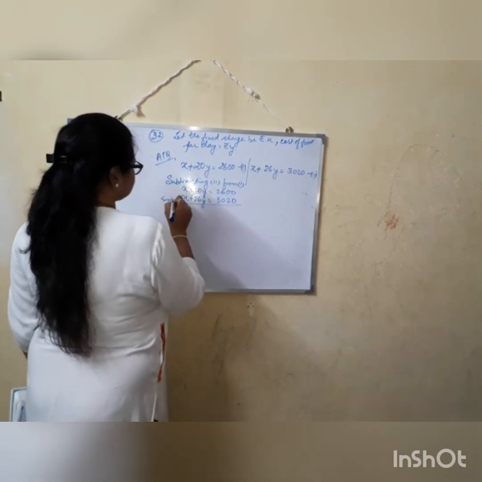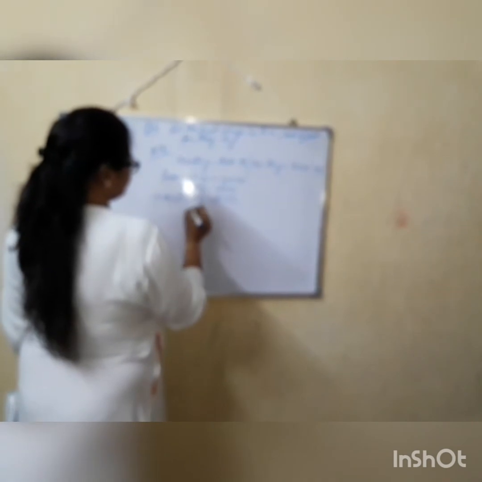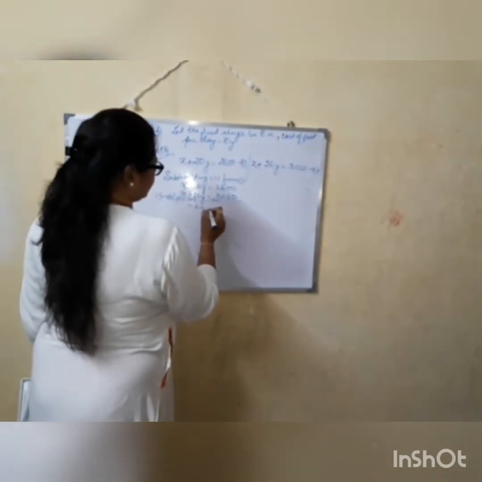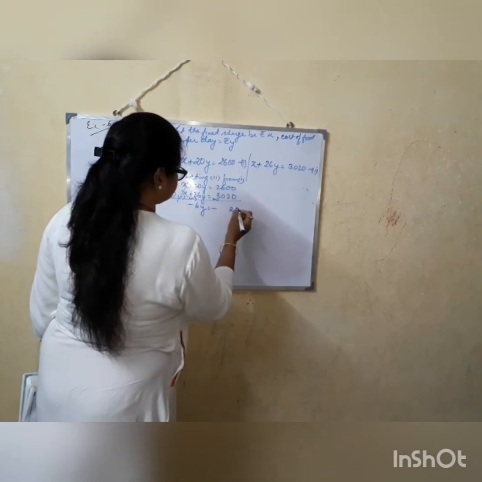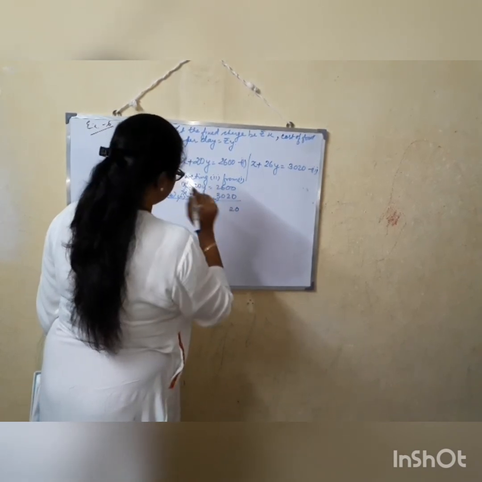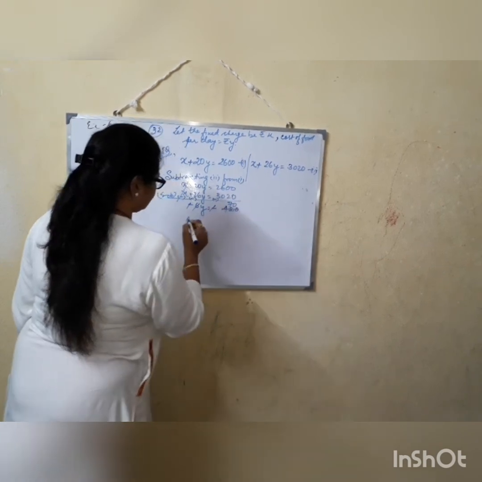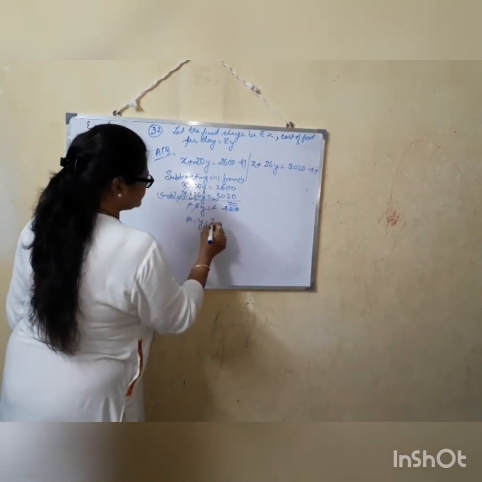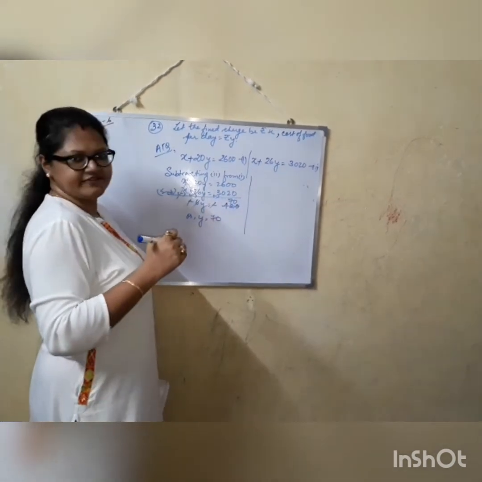So when we subtract, sign changes, and we get y is equal to 70 rupees. So per day cost of food is 70 rupees.